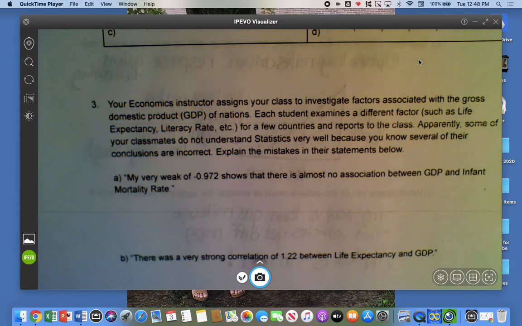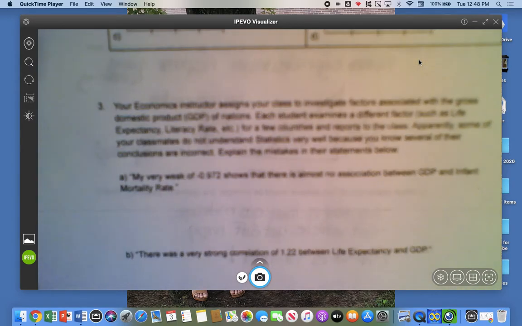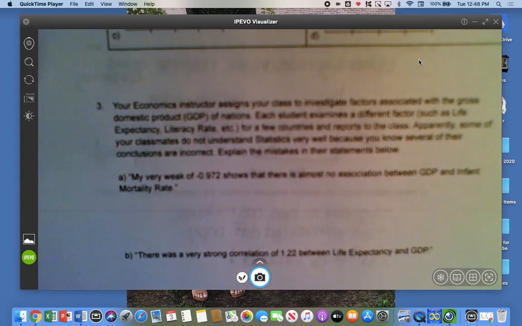On the very first one, it says, my very weak correlation of negative 0.972 shows there's almost no association between GDP and infant mortality rate. And the second one says there was a very strong correlation of 1.22 between life expectancy and GDP.